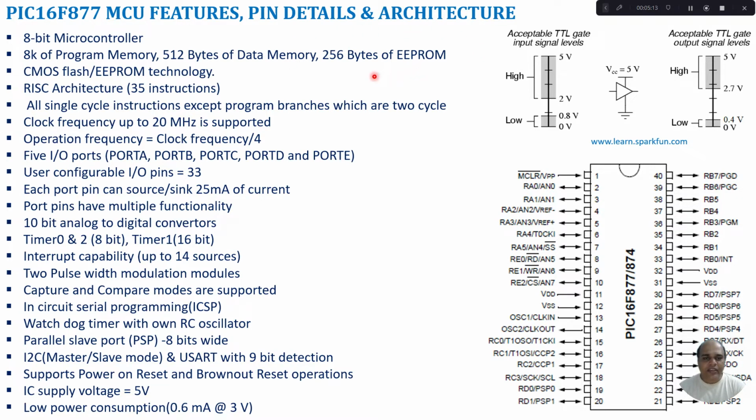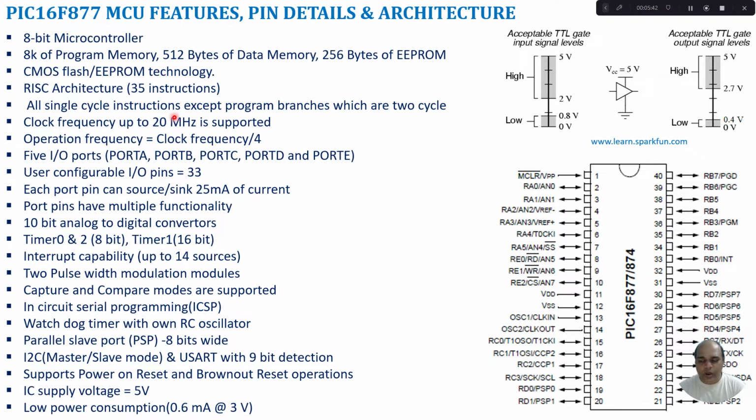These memories are built from CMOS flash or EEPROM technology. And this microcontroller comes under the RISC architecture. RISC stands for reduced instruction set computers, in the sense that it has fewer instructions. It has about 35 instructions and most of them are single-cycle instructions.